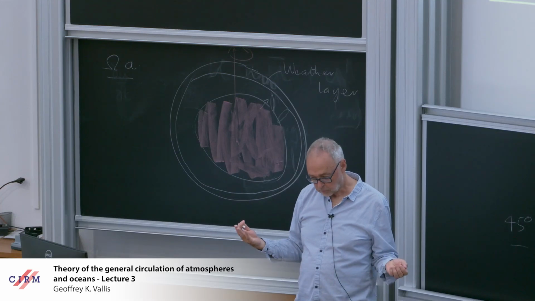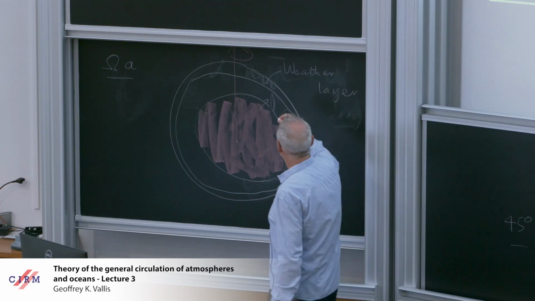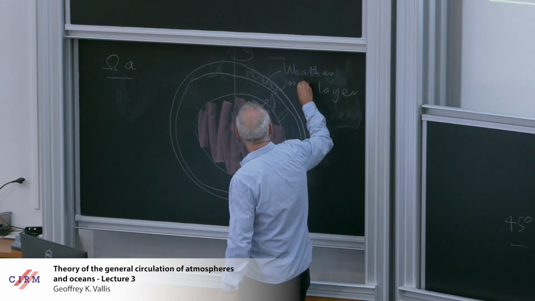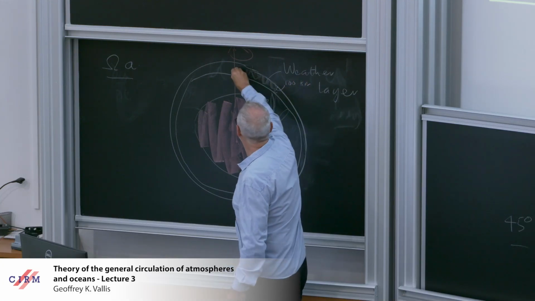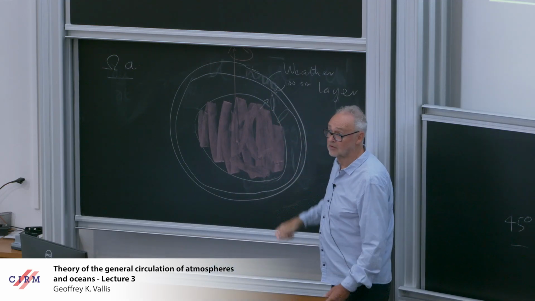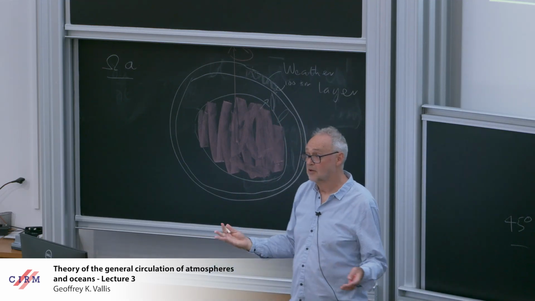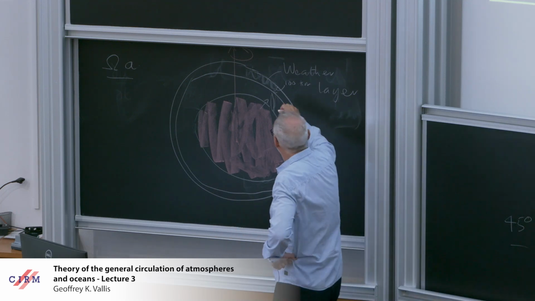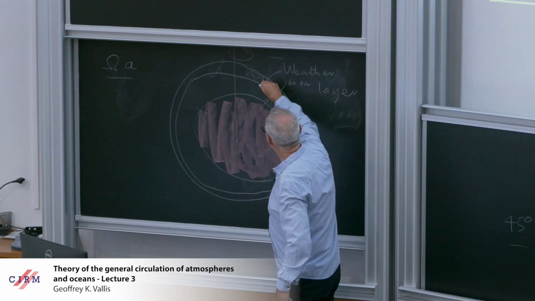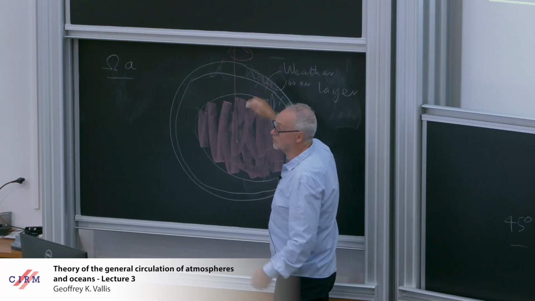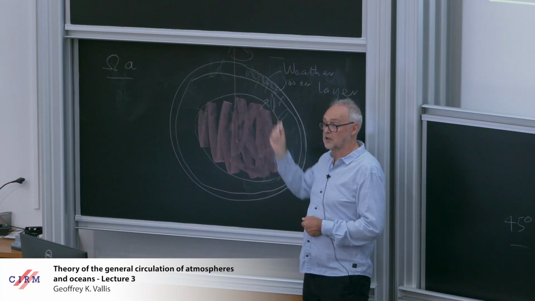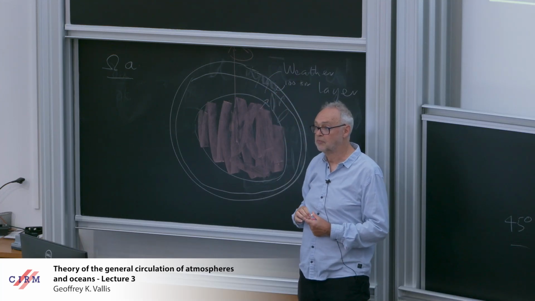And this weather layer might be 100 kilometers thick, but this distance is 100,000 kilometers. So the aspect ratio is such that it is two-dimensional. And these convective plumes are quite small and they're forcing the weather layer. And so in the weather layer, it's kind of two-dimensional.